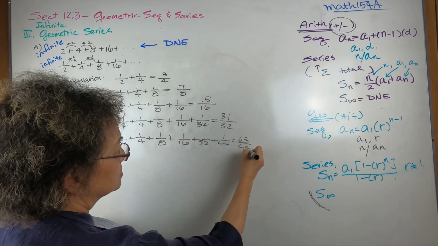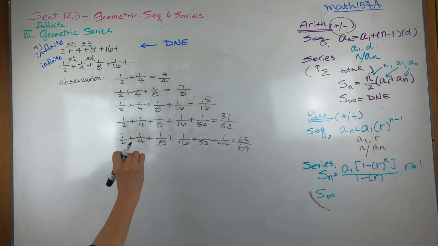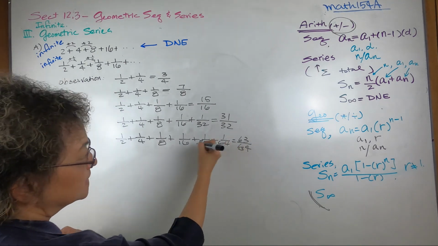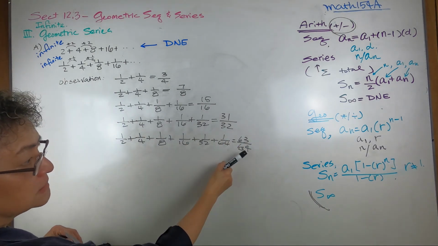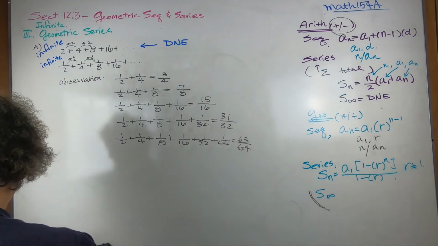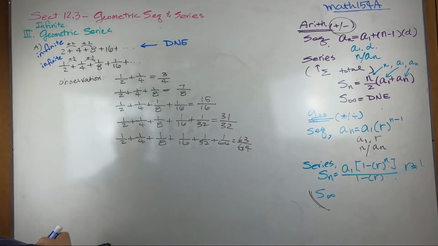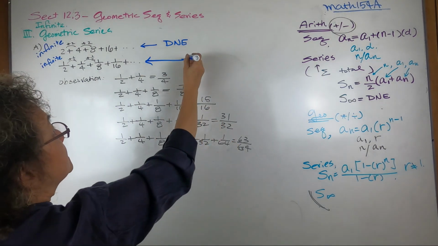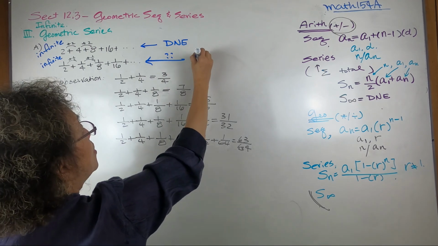Because the number is getting smaller and smaller, even if you add into it, it's getting close to where? It's bounded by, getting close to 1.